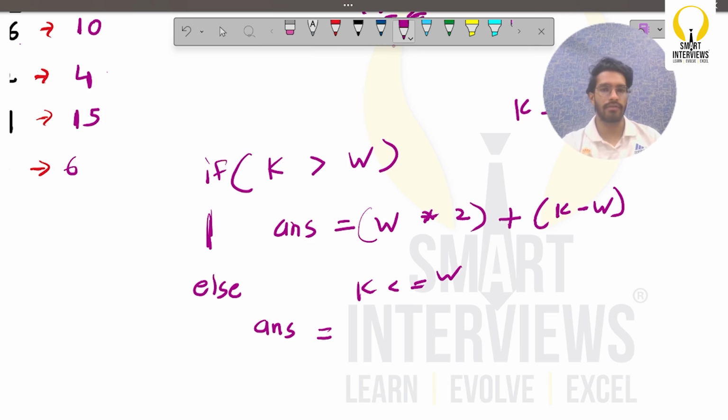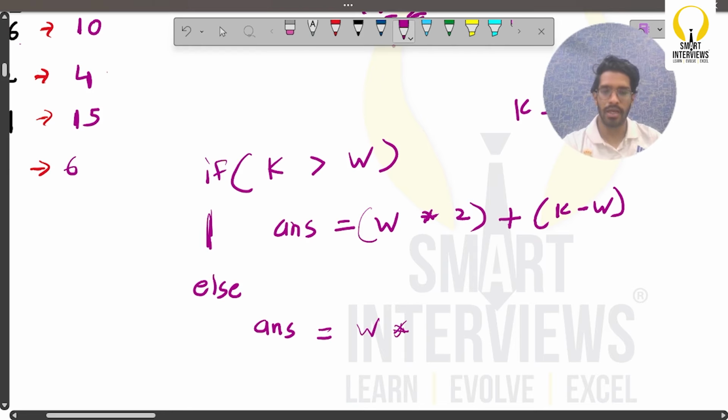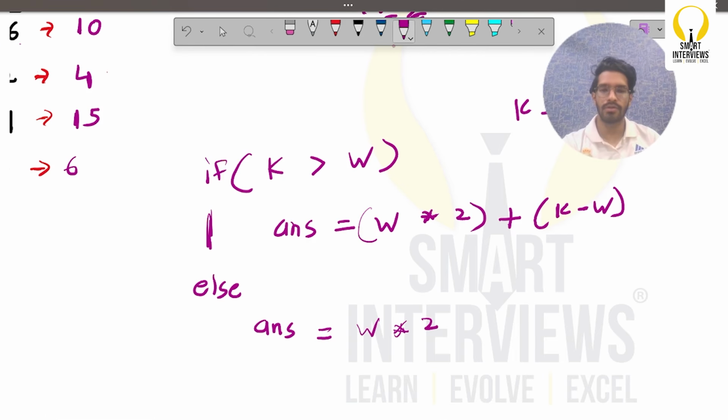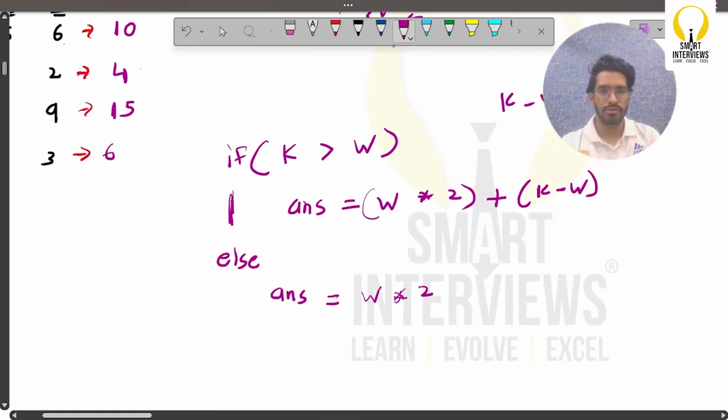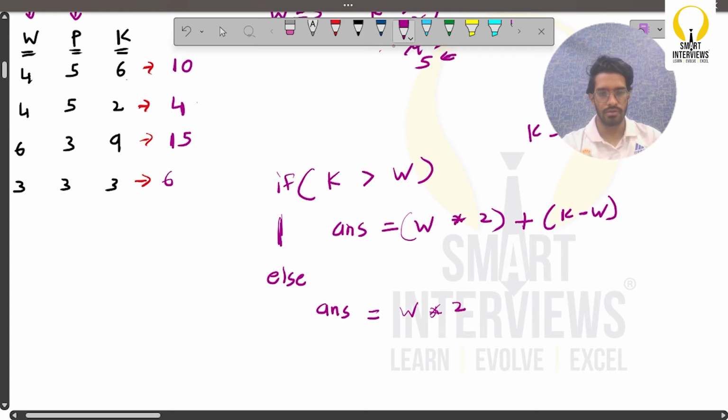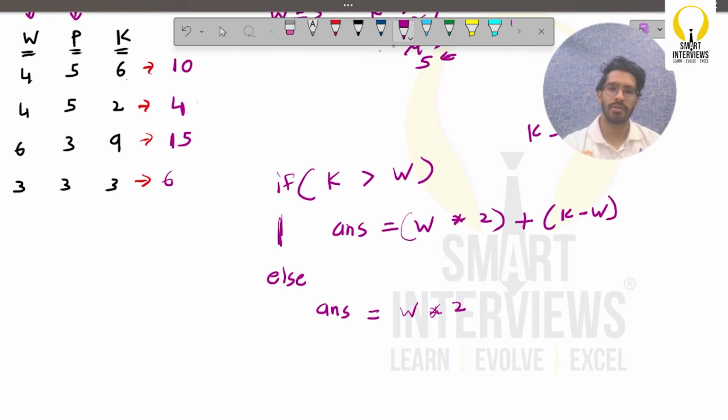So in order to have the maximum stylishness, obviously you will give the preference to W. So can I say you would directly take up all the wooden chairs and simply do W into 2 here? Yes. So if you guys understood this solution, can you guys try writing the code by yourself?